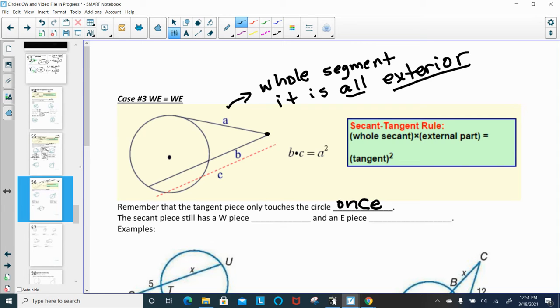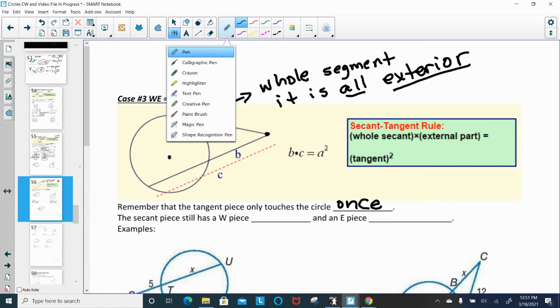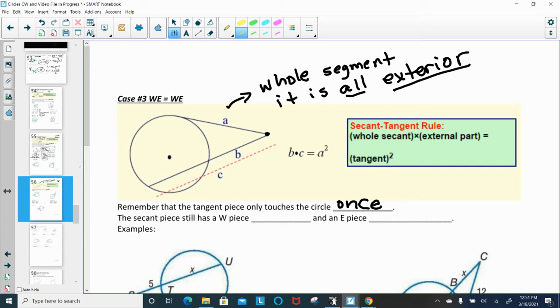So when you use the wee, your whole and your exterior for the tangent segment, and that's this one right here, let me highlight it, the whole and the exterior are going to be the same number or value or variable.